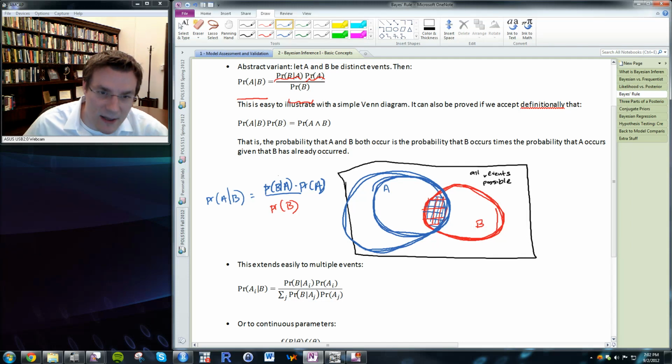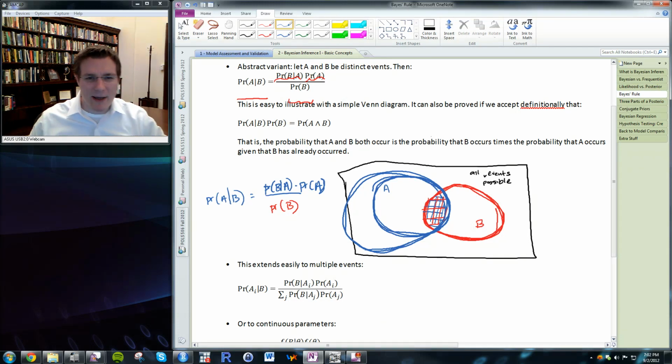So if we're going to take this probability of B given A, we've got to basically multiply by how big A is, how big the universe of events is in which A had occurred. In other words, we've got to establish how big this shaded region is relative to the probability that A could have occurred. So we take P(B|A) and then multiply by P(A) in order to renormalize it to the right area.